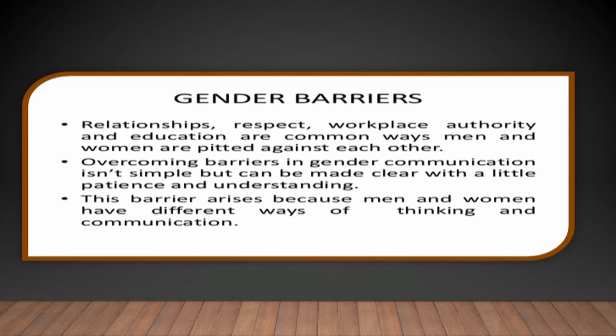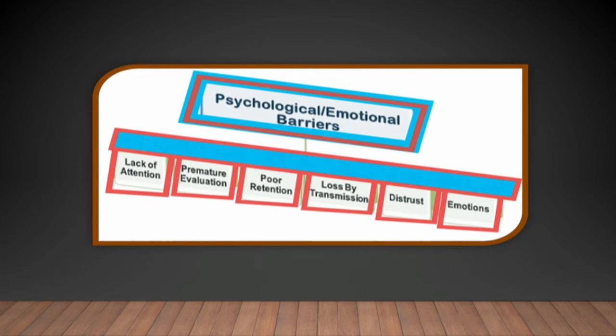Then psychological or emotional barriers, that includes lack of attention. You are not attentive to certain things. That would be because of certain problems in your family or whatever. Premature evaluation, this is what is done most of the times. We don't listen to the entire topic or the entire concept.